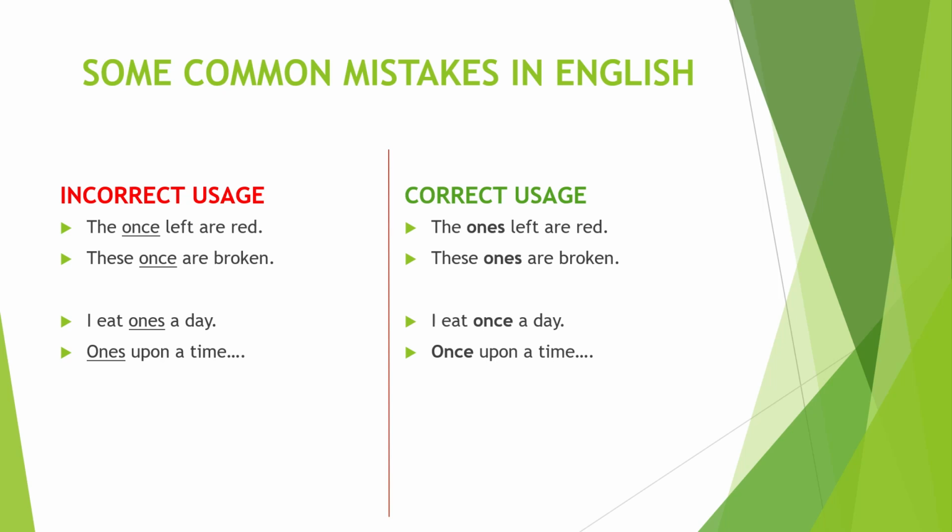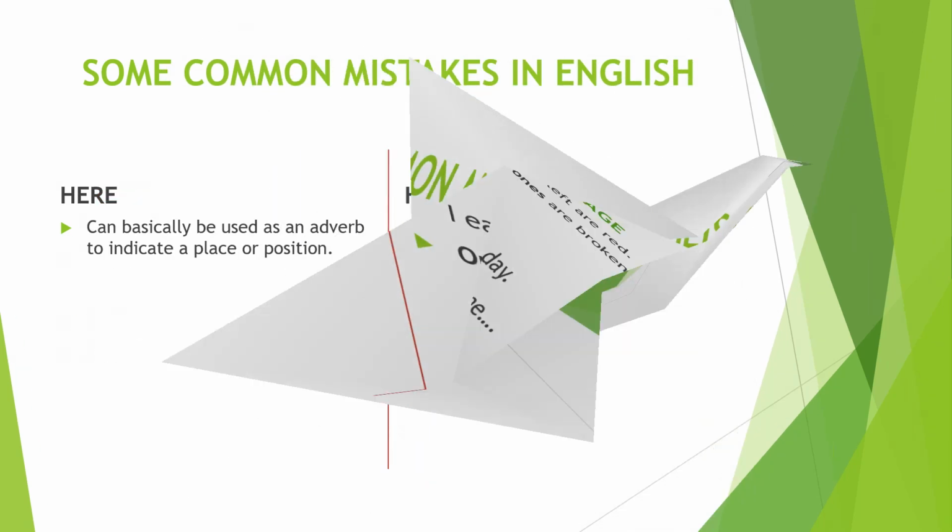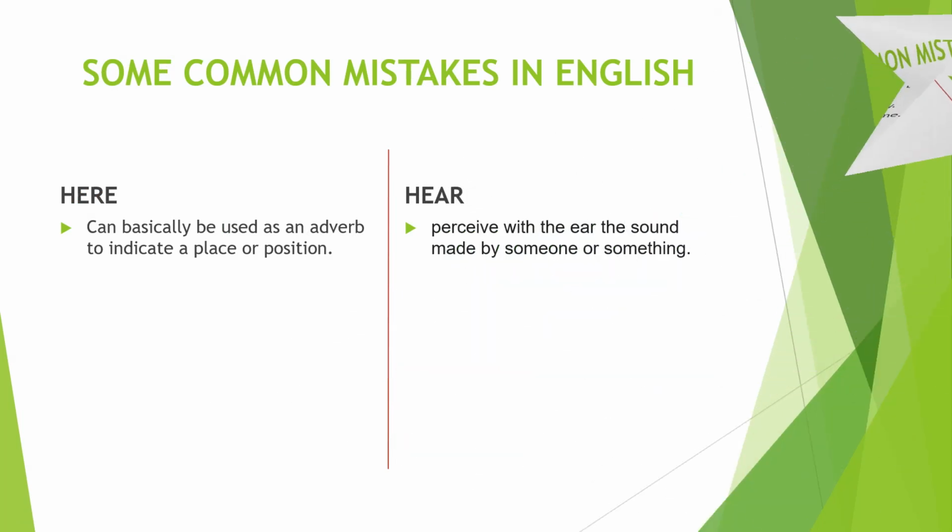We move on to see the next pair of words in our next slide. Here can basically be used as an adverb to indicate a place or position. Then hear, at the right part of the screen, H-E-A-R, means to perceive with the ear the sound made by someone or something.